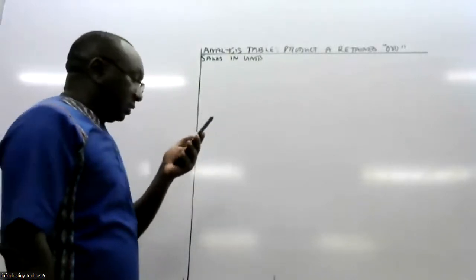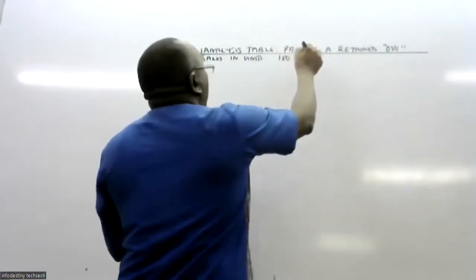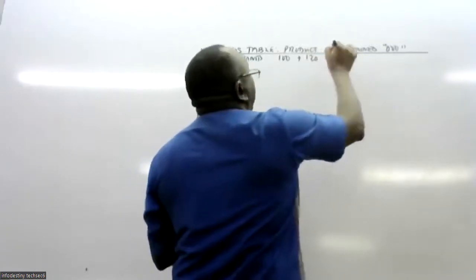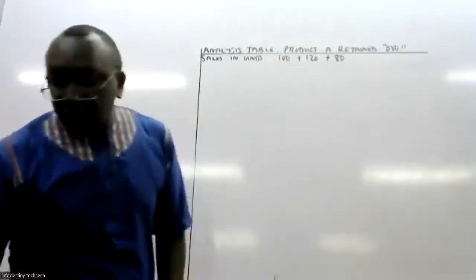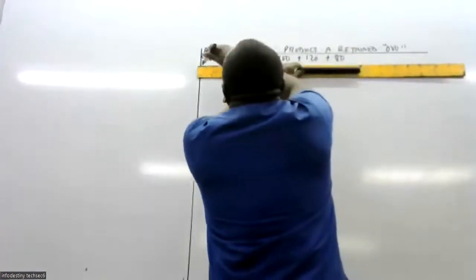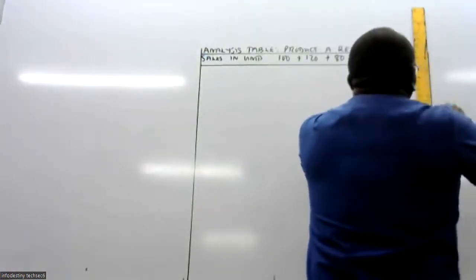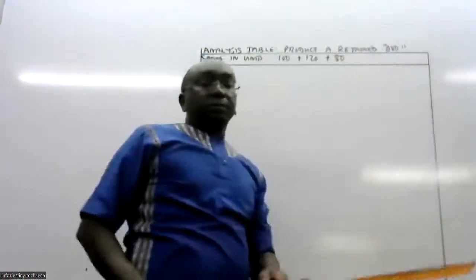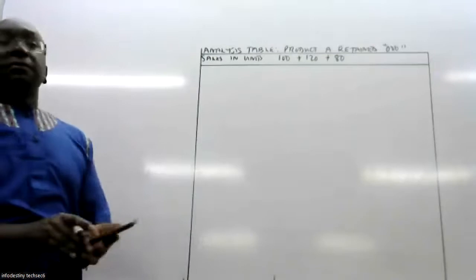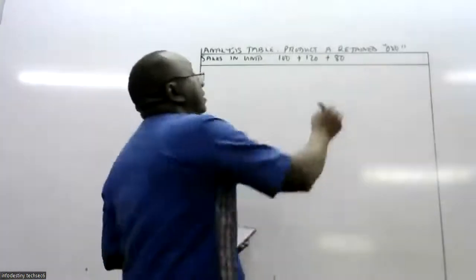So sales in units, we have 100 plus 120 plus 80. So add those figures. How many units? 300.